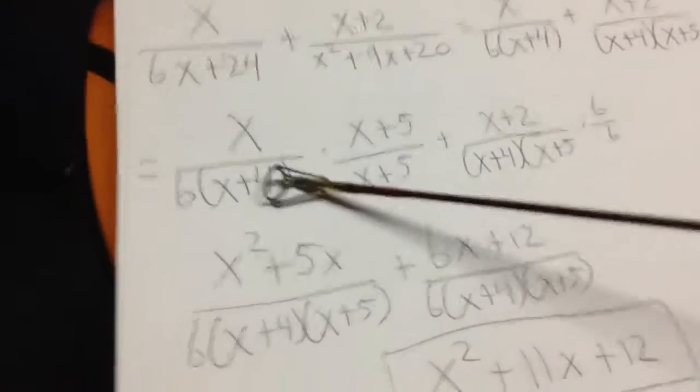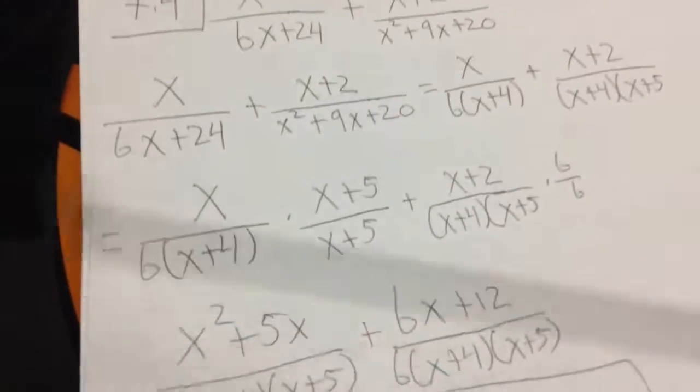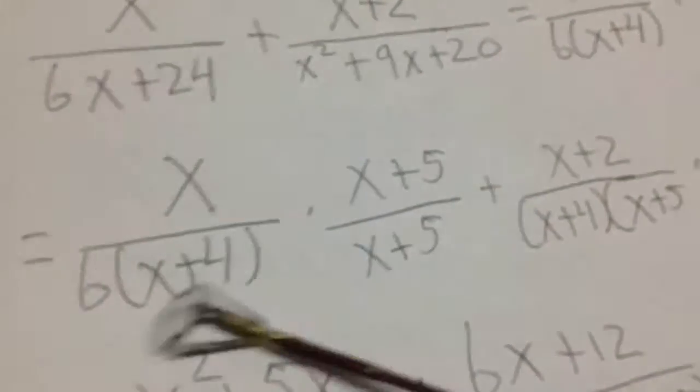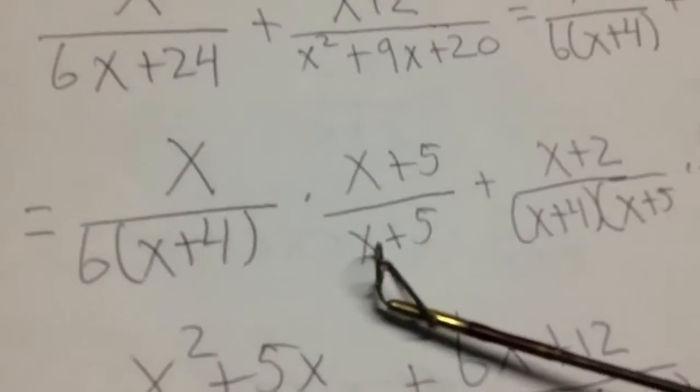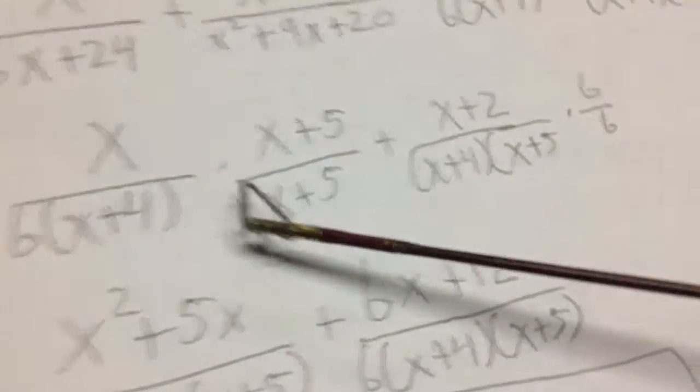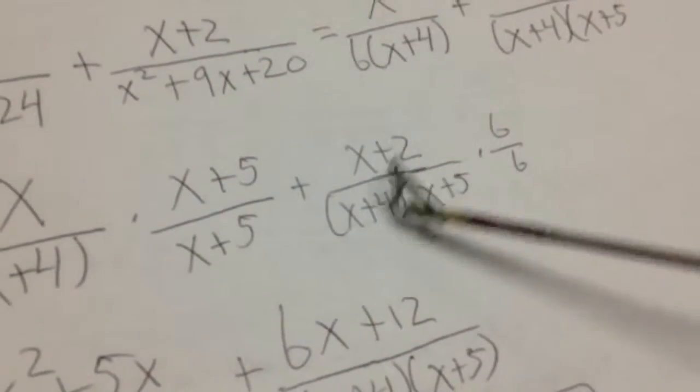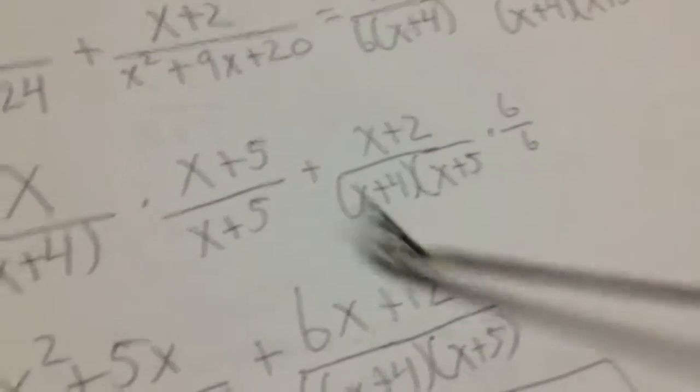But then we need to have a common denominator, so we have to multiply x plus 5 on both sides. Okay, so like I was saying, we need a common denominator, so we got to multiply x plus 5, both top and bottom, and over here we have to multiply this fraction by 6, both top and bottom.